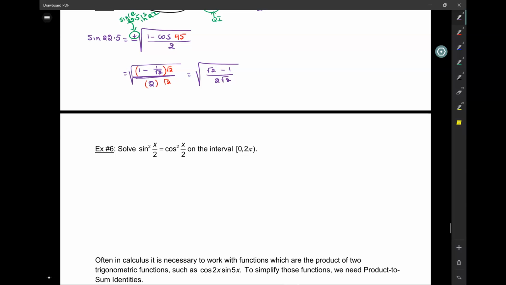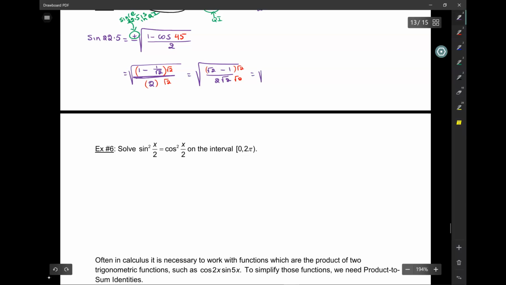So now, okay, so you can leave it like that. However, in the book, things will be a little bit different. So you can rationalize this, right? How would you rationalize this? Multiply by root 2, multiply by root 2 again.